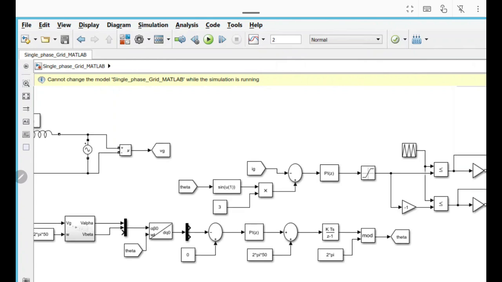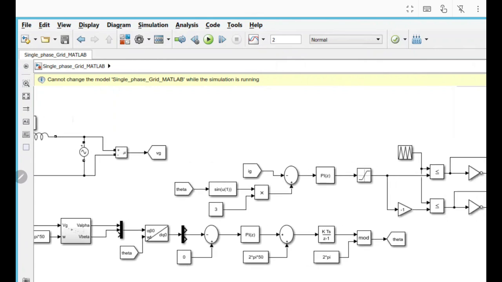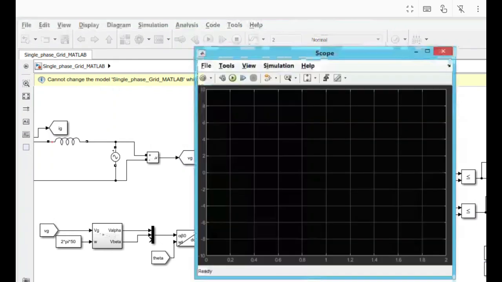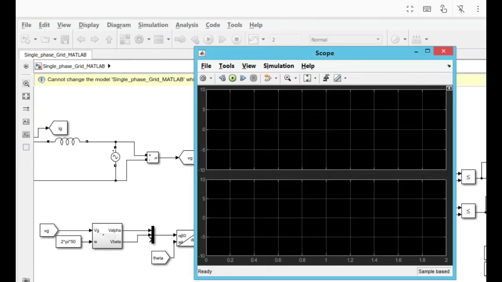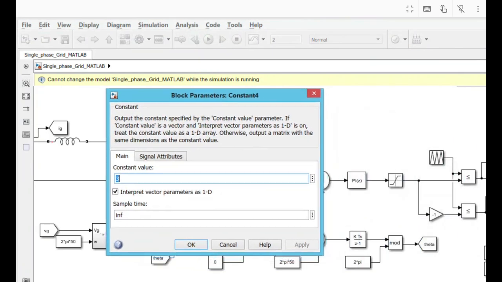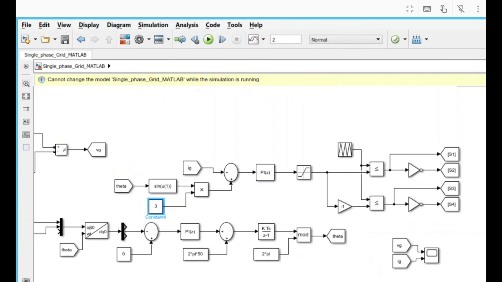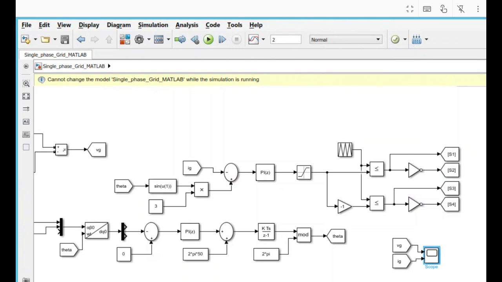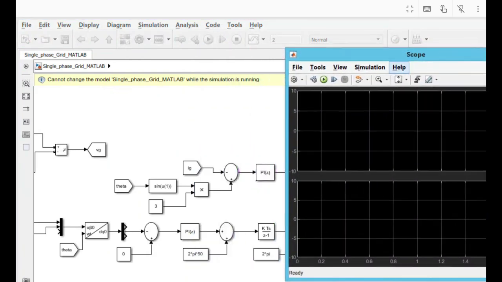So now we will connect a scope, and we will see the grid voltage and the grid current. We have connected the grid voltage and grid current, and we will turn on the scope.